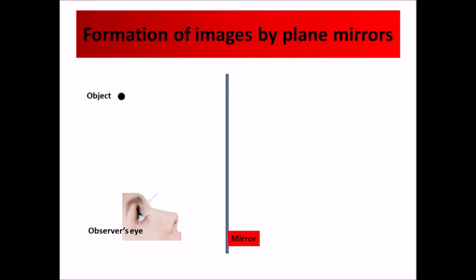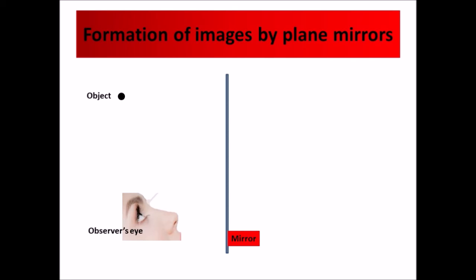So after drawing this, we want to now locate the position of the image using the property that distance between the object and the mirror equals the distance between the mirror and the image.